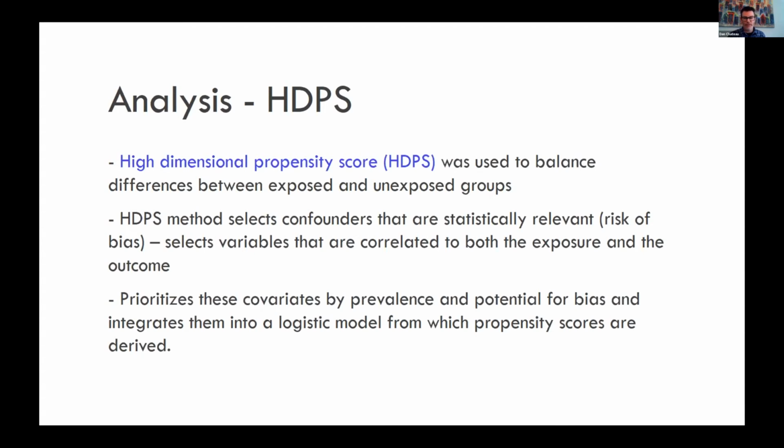So it takes a look at the relationship between the two, ranks them on bias, and then chooses those variables that are most likely to contribute to bias. And lo and behold, it tends to do a really good job. So we ran this, it generates propensity scores, then we did a propensity score match.